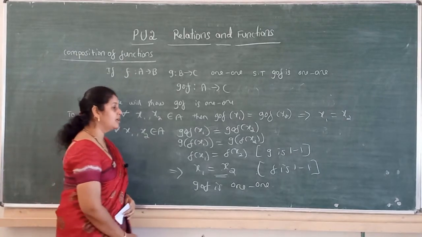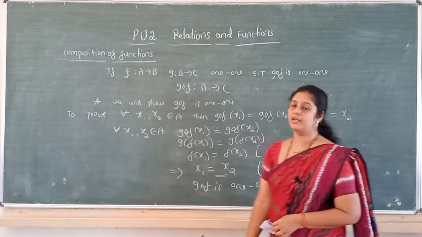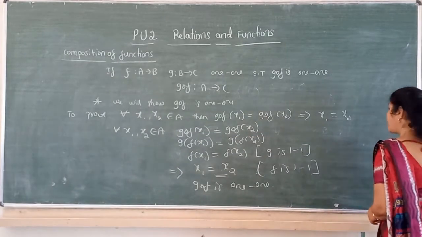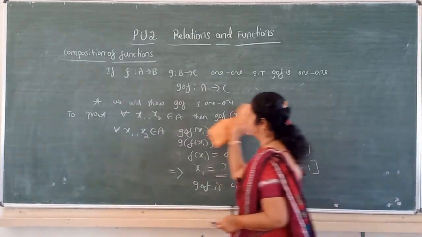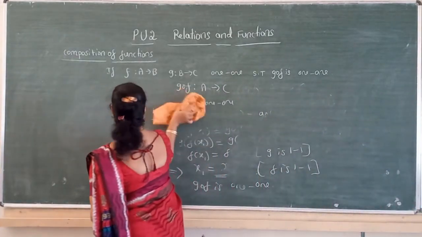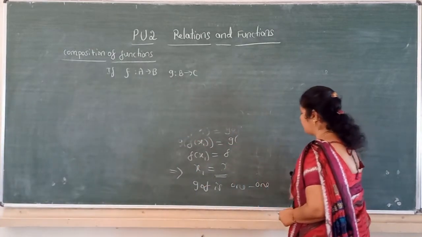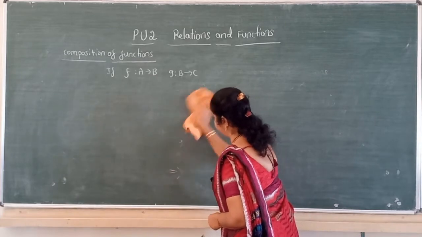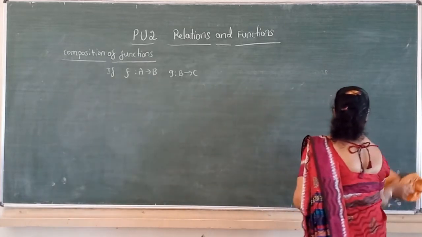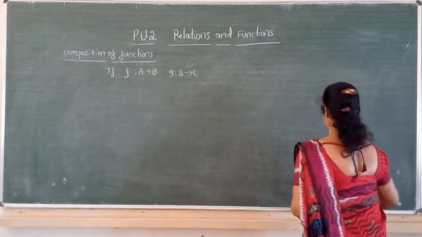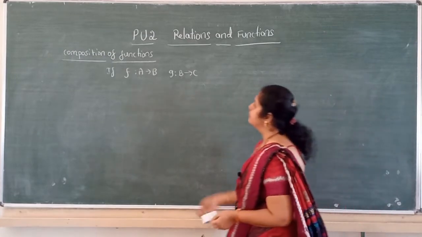So if f is 1-1 and g is 1-1, then you can prove g of f is 1-1. Okay, in a similar way we can show that if f is onto and g is onto, then g of f is onto.